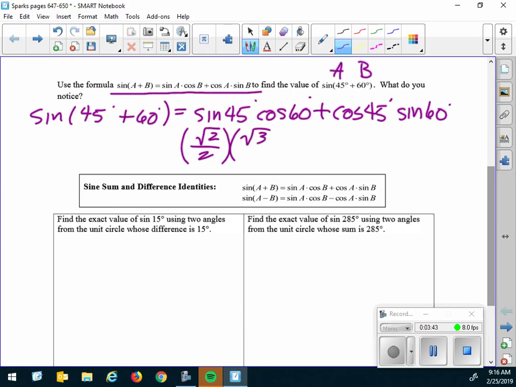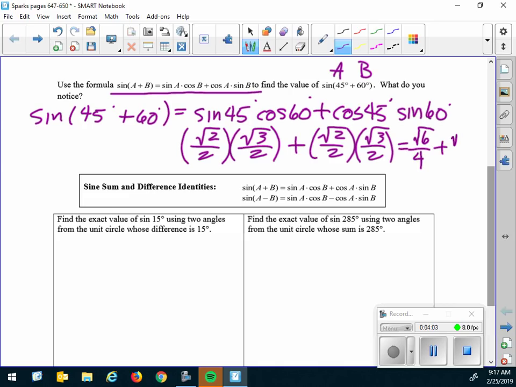Cosine of 60 degrees is square root 3 over 2, plus cosine of 45 degrees is square root 2 over 2. Sine of 60 degrees is square root 3 over 2. So let's see, what does that give us? That gives us square root of 6 over 4 plus square root of 6 over 4.